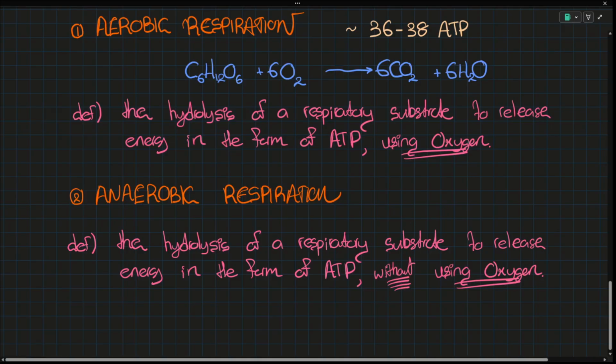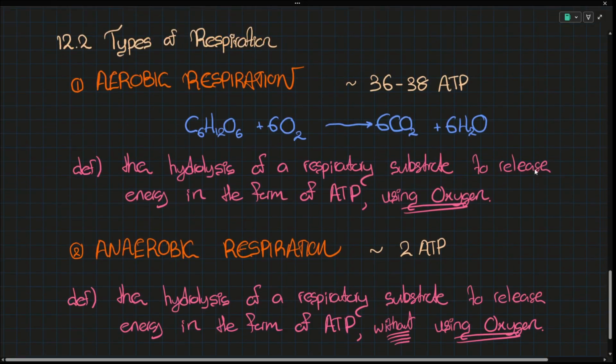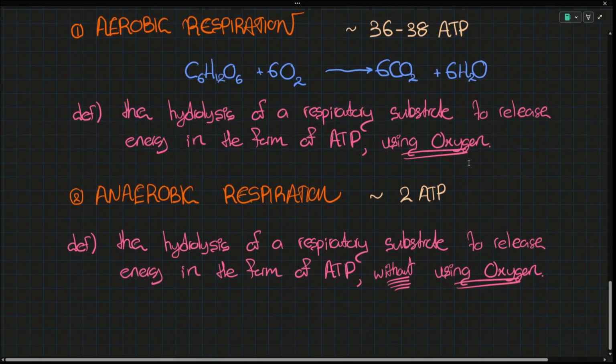And what happens when you don't use oxygen? There's a maximal production of just 2 ATP. Sometimes not even 2. That's the thing. Aerobic respiration can produce a significantly greater amount of ATP when we compare it with anaerobic respiration.